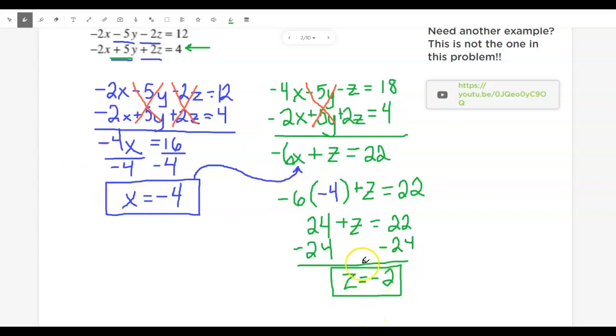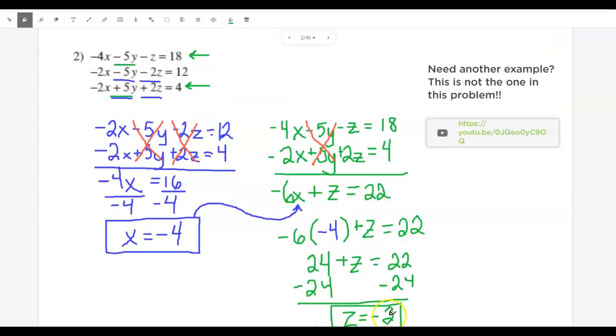Our last step would be to take these two solutions, the x and the z values, and plug them back into one of these equations. It doesn't matter which one you plug them into. I'm going to go ahead and plug into this first equation again. I'm going to switch colors here.